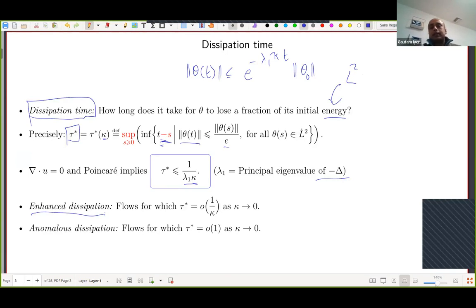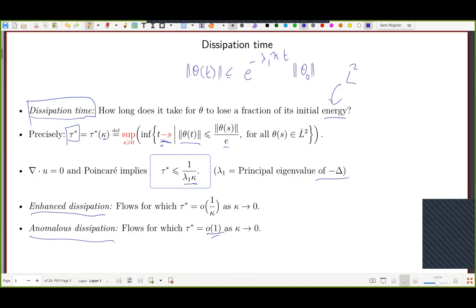The next phenomenon is anomalous dissipation, which is, can I find flows for which the dissipation time is order 1 as kappa goes to 0? Let me talk about enhanced dissipation first, and we'll go on to anomalous.